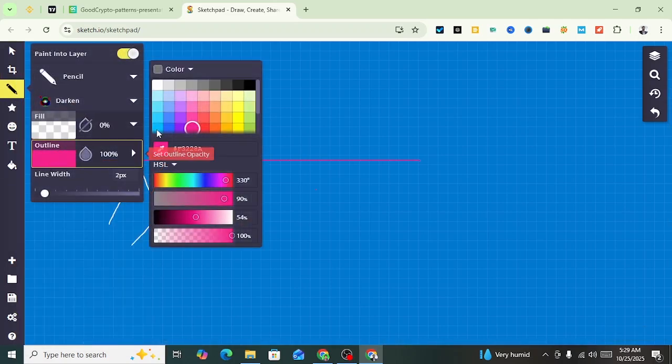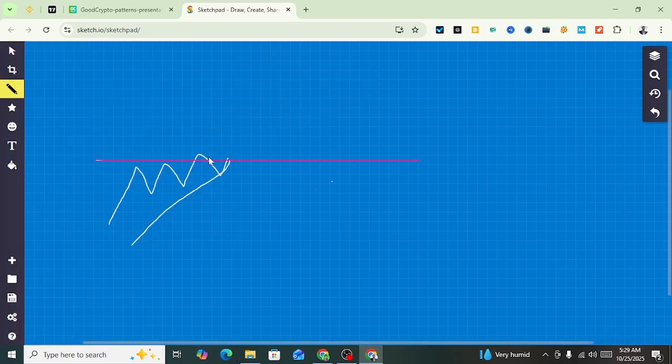When the market touches that line and breaks that line, the market goes up. After that, you can see the market cross that line. This is trading above the line, and this is a very strong point.